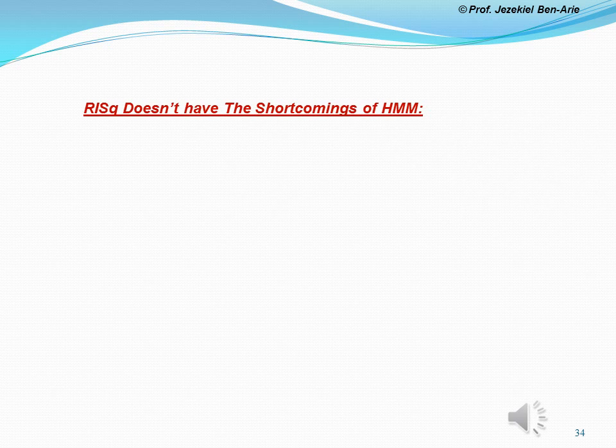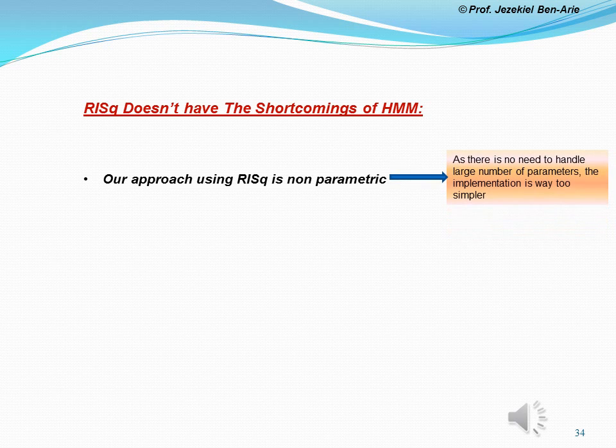Firstly, unlike HMM, our approach is non-parametric. As a result, the implementation is way too simpler, and we don't need to train and handle large number of parameters. Secondly, only few examples are needed for the training procedure.